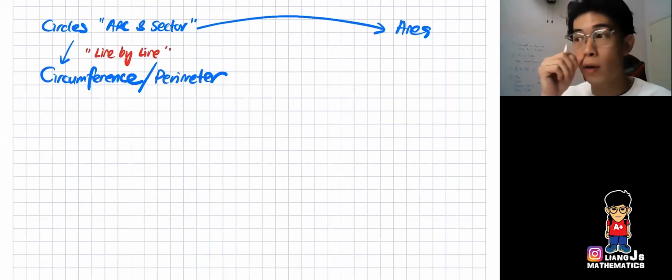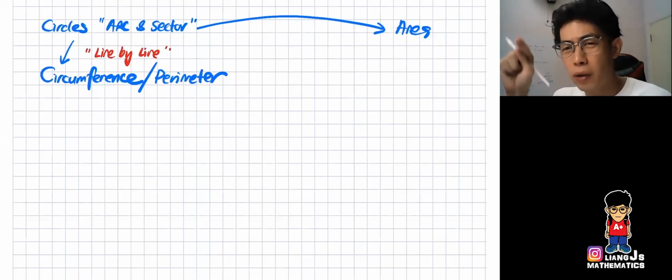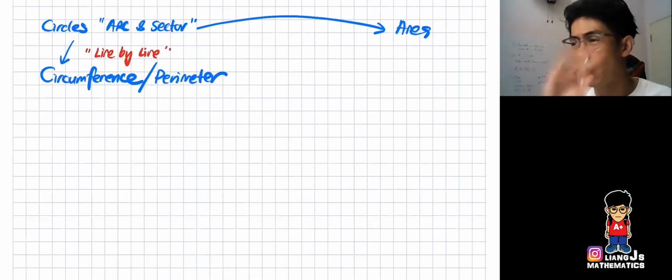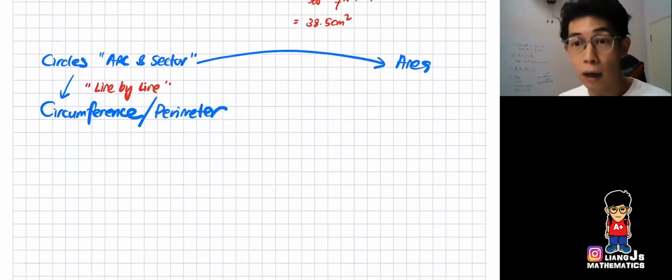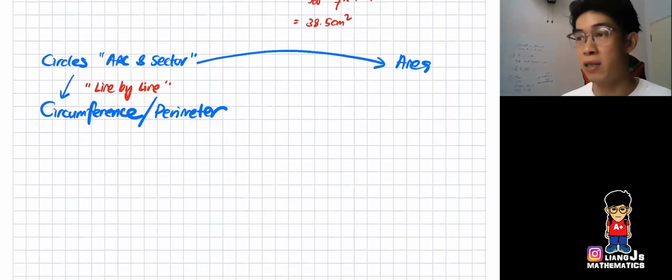When we do the calculation, we take the outer lines only, the inner lines we don't take. So that will be perimeter. But of course, this is a circle, and it's a bit different in the calculation. Later you will know, as in the formula.